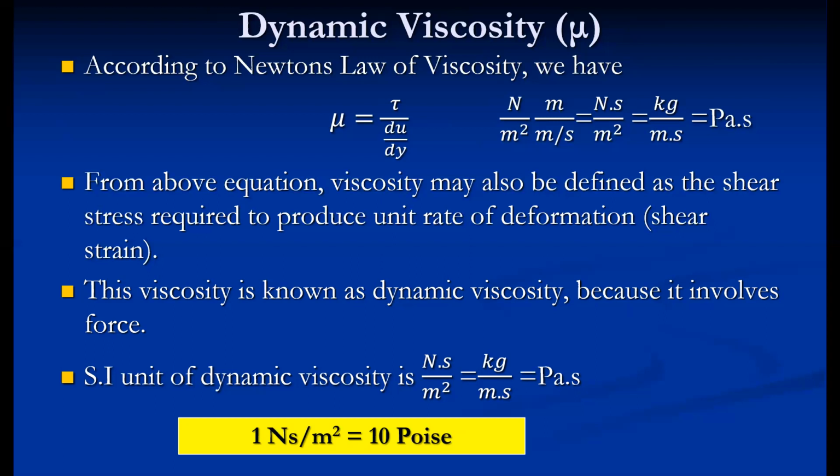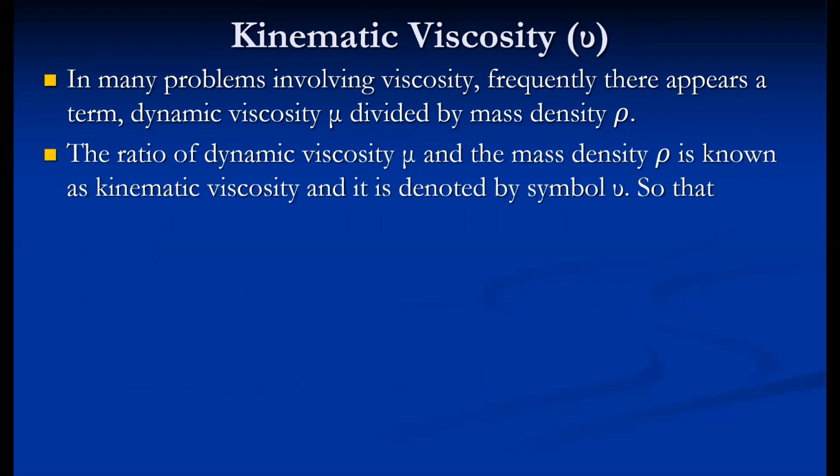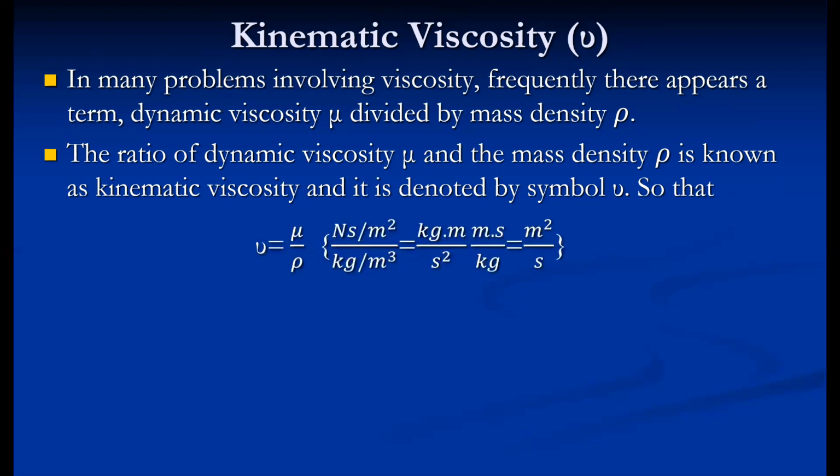It is also called absolute viscosity, or the proportionality constant in Newton's law of viscosity. The second term that frequently arises in problems involving viscosity is the ratio of dynamic viscosity and mass density. The ratio of dynamic viscosity to mass density is known as kinematic viscosity, and it is denoted by the symbol nu, the Greek letter nu, so nu is equal to mu upon rho.